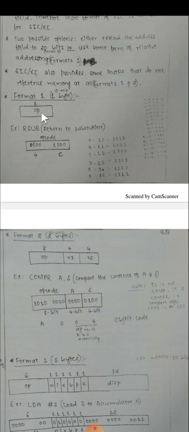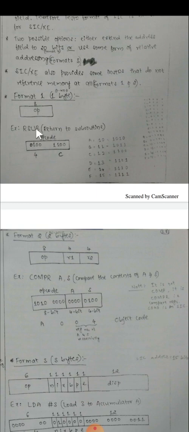So this is how we have to write format number 1 instructions. This RSUB instruction is in which format? It is in format number 1. Like RSUB, there may be other instructions also present in SIC/XE. This is just one example.